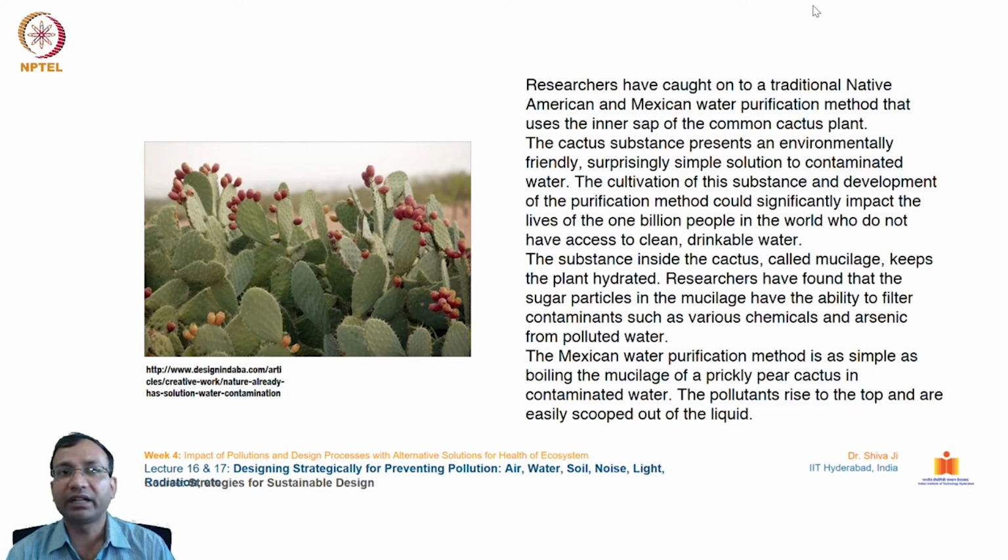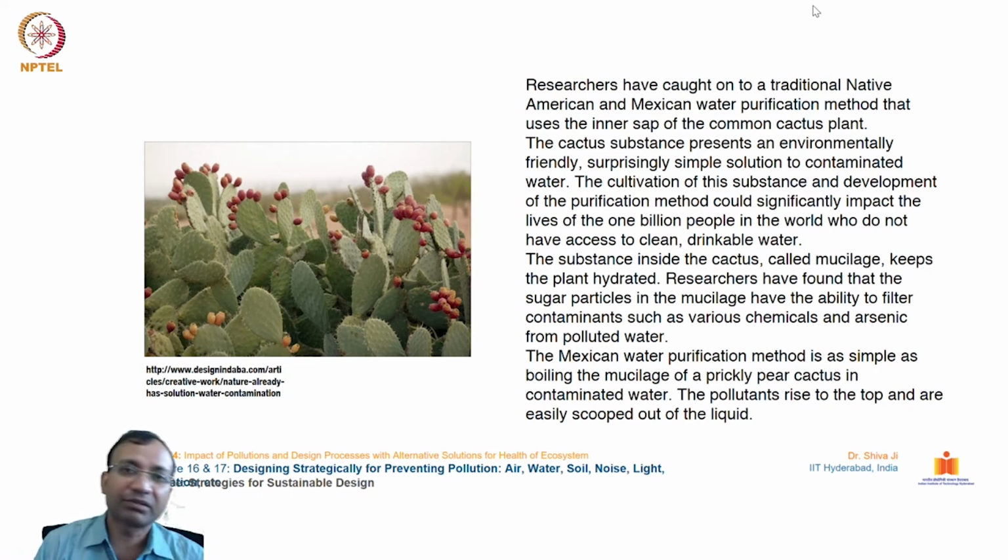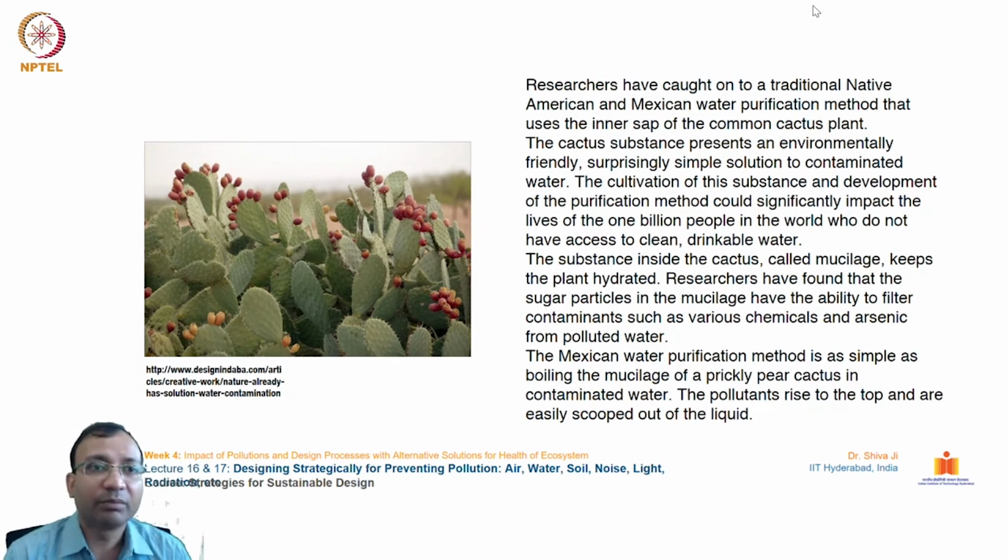There is a traditional native American and Mexican water purification method that uses the inner sap of the common cactus plant. The cactus substance presents an environmentally friendly, surprisingly simple solution to contaminated water. The cultivation of this substance and development of the purification method could significantly impact the lives of 1 billion people in the world who do not have access to clean drinkable water.